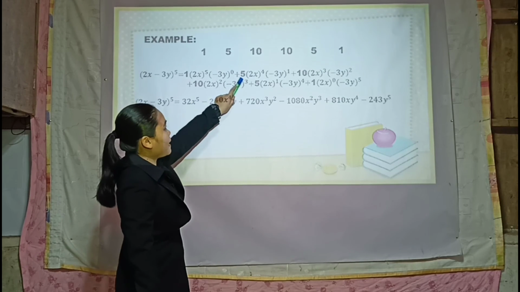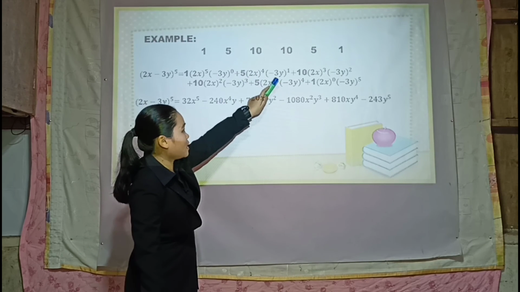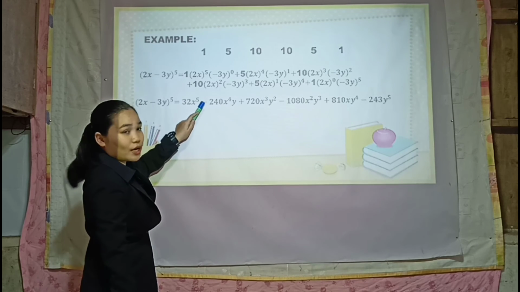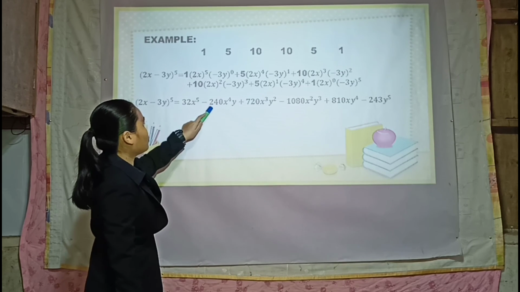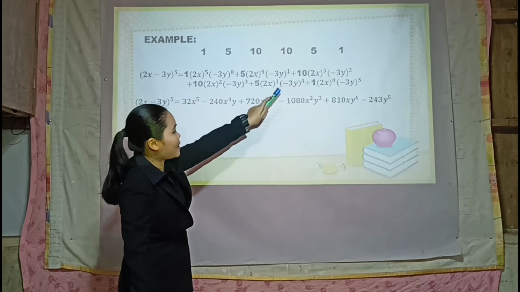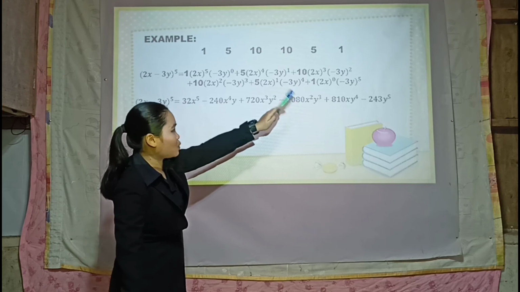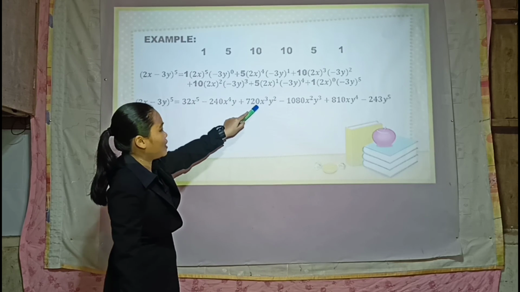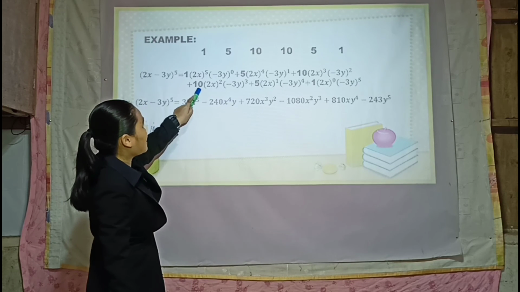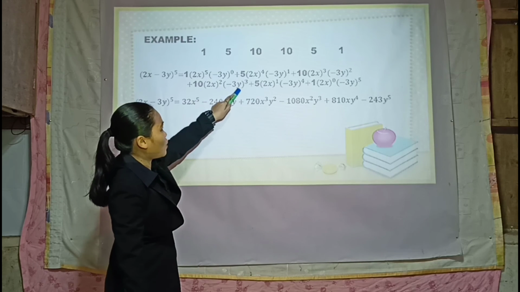Minus the product of 5 times 2x raised to 4 times negative 3y raised to 1, we have negative 240x raised to 4y plus the product of 10 times 2x cubed times negative 3y squared, we have 720x cubed y squared minus the product of 10 times 2x squared times negative 3y cubed.